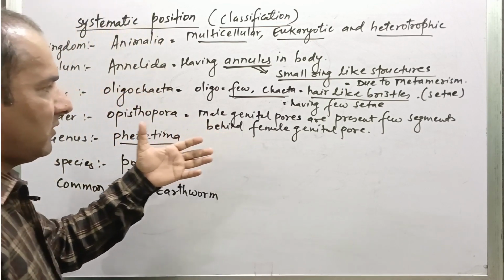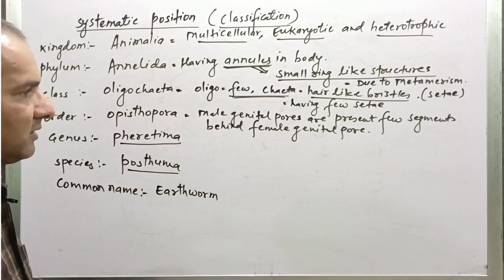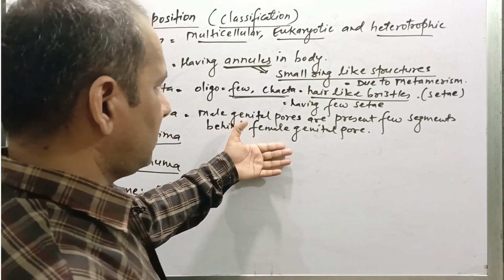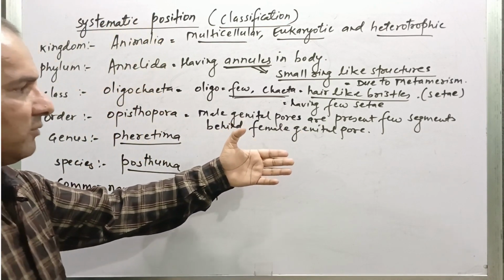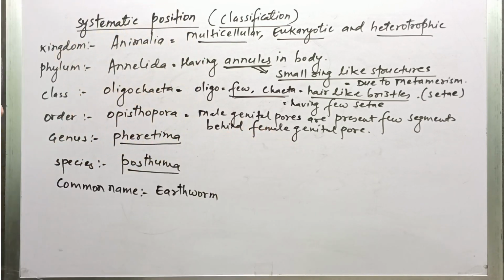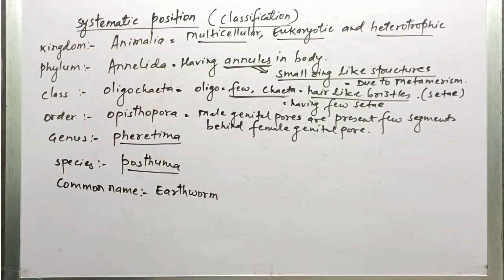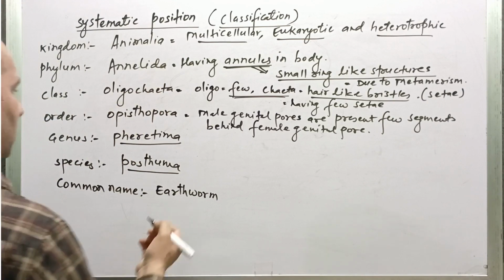Male genital pores are present in the 18th segment, while the female genital pore is present in the 14th segment. So, phora means the male genital pores are present few segments behind the female genital pore, though male gonads are present in front of the female gonads.